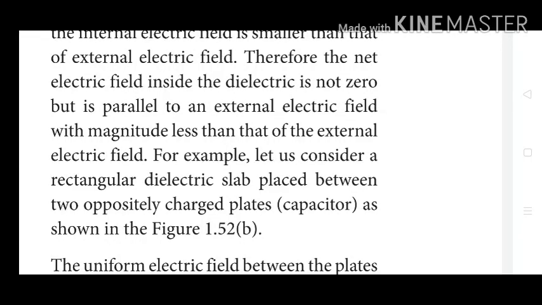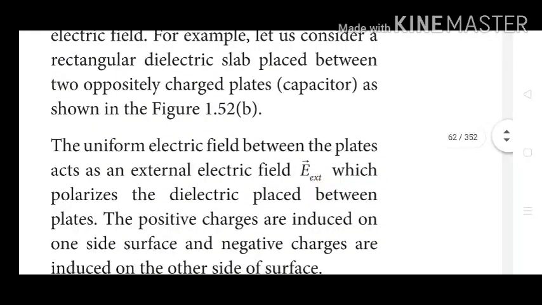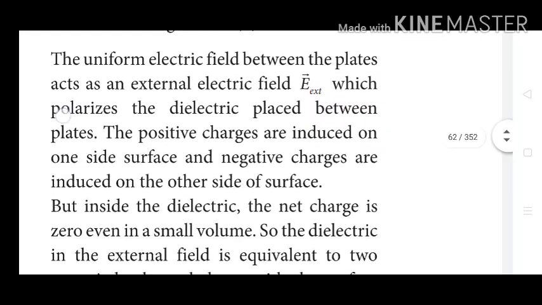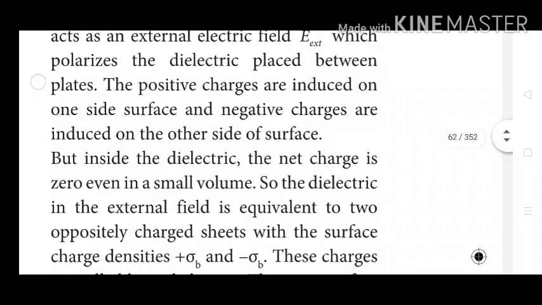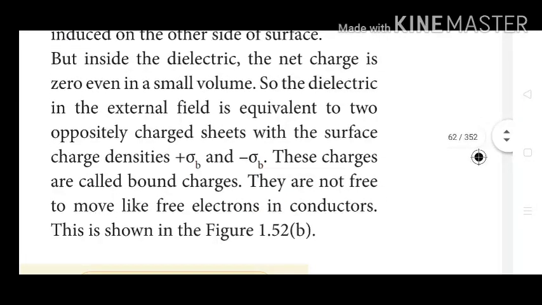For example, let us consider a rectangular dielectric slab placed between two oppositely charged plates. The uniform electric field between the plates acts as an external electric field, which polarizes the dielectric placed between the plates. The positive charges are induced on one side surface and the negative charges are induced on the other side surface. But inside the dielectric, the net charge is zero even in a small volume.